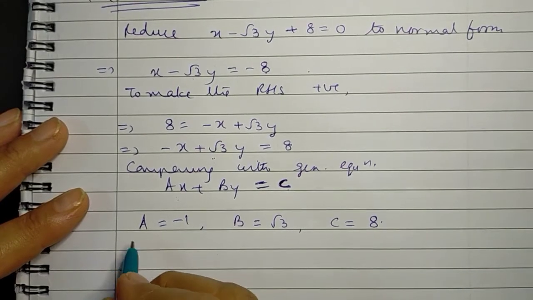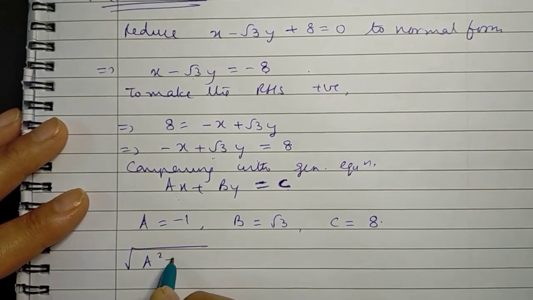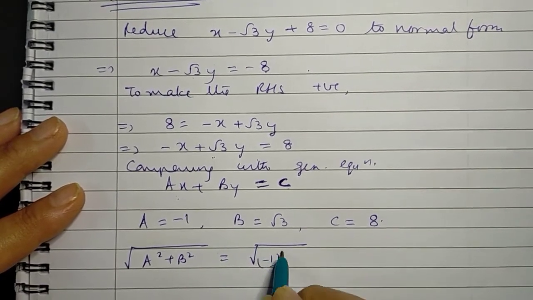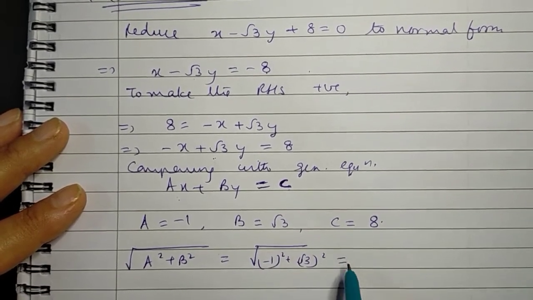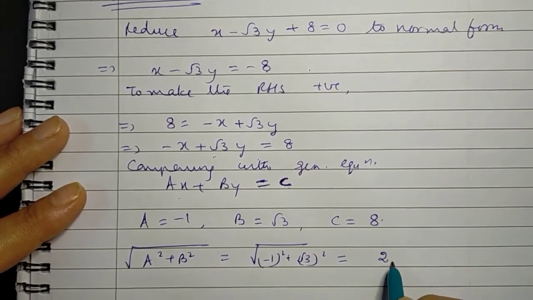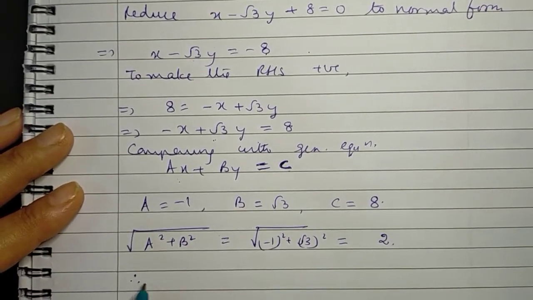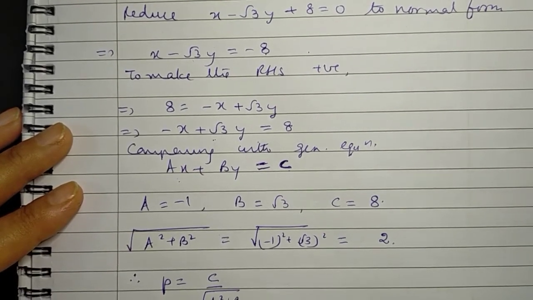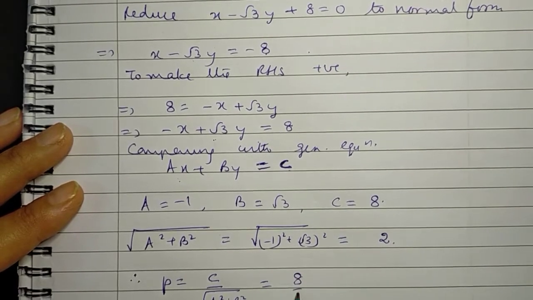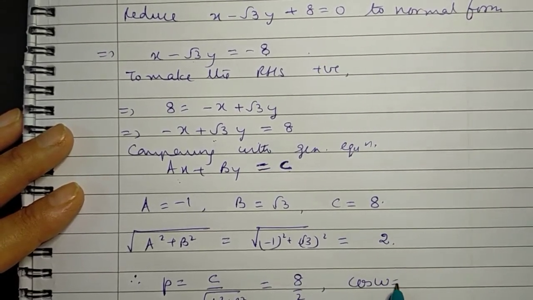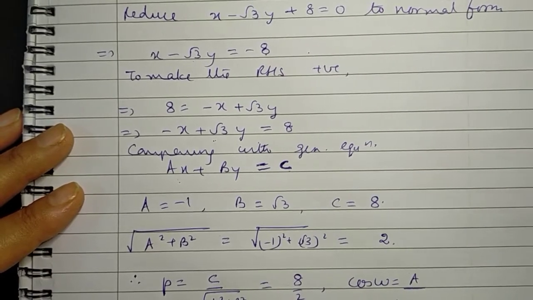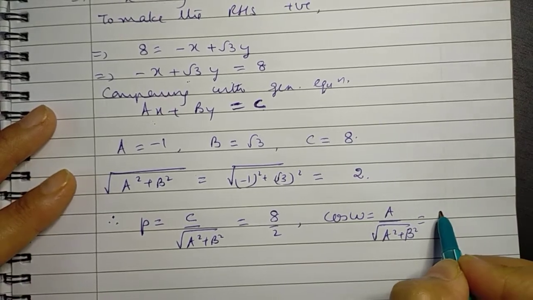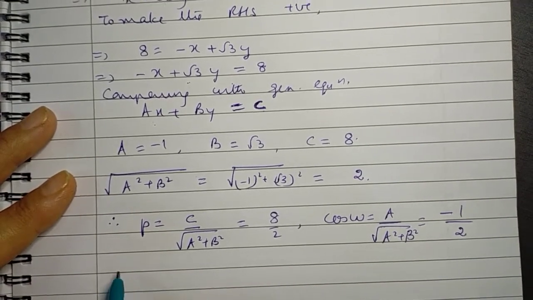Now the next step involved is getting the value of under root of a squared plus b squared. This comes out to be under root of minus 1 square plus root 3 square, which gives us 2. Therefore p will be equal to c by under root of a squared plus b squared, which is 8 upon 2. Cos omega equal to a upon under root of a squared plus b squared, which is minus 1 upon 2.